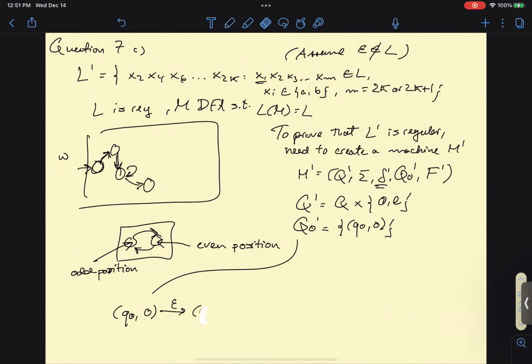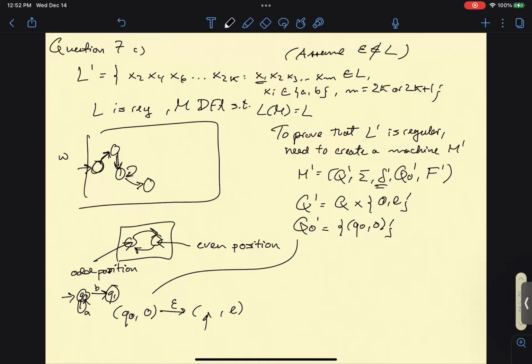And where I go is wherever a letter can bring me. So now I can go to a set of states: all the states reachable from Q0 with any letter. Let's say this is Q0, and then this is A, and this is B. What I want to do is just simulate the odd positions.